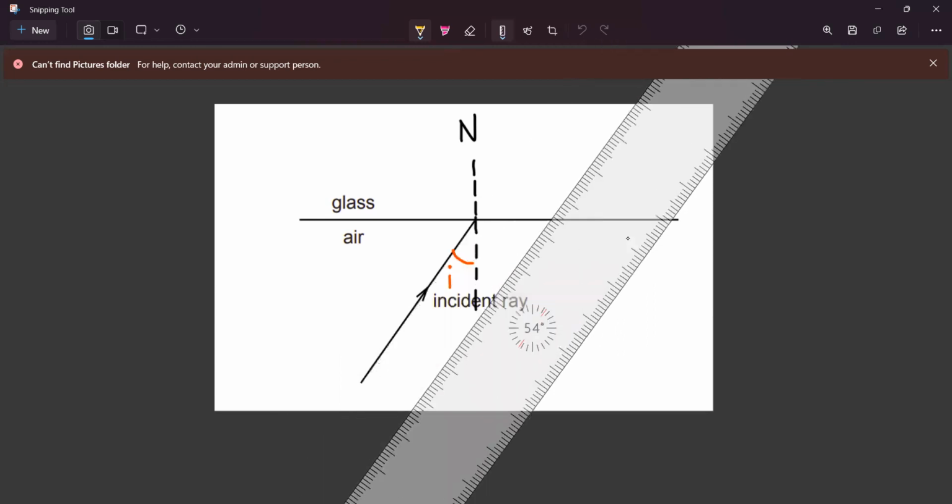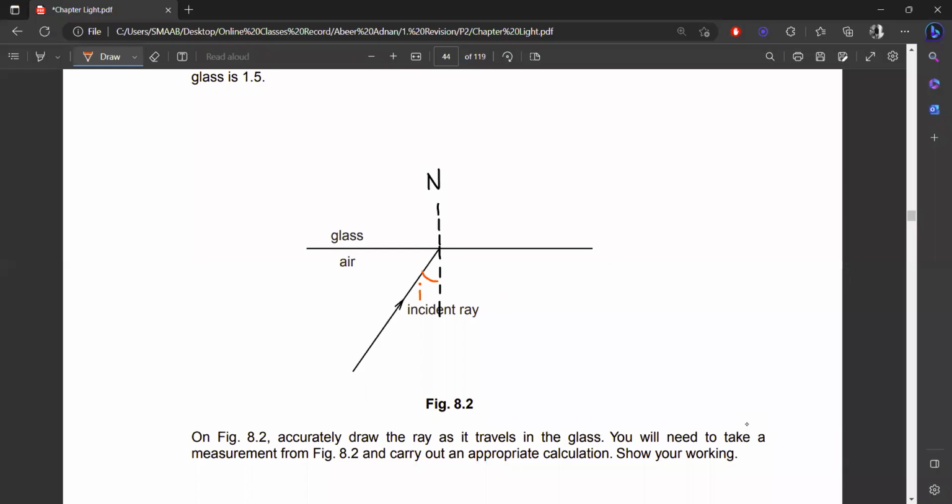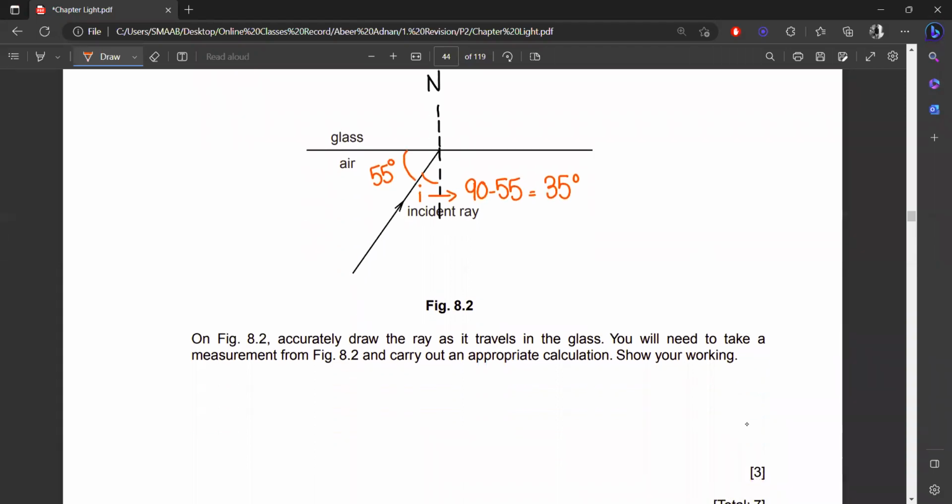So 55, again come to our original question. This angle will be equal to 55 from the surface. So angle of incidence will be 90 minus 55, that's 35 degrees, right? Yes. So the angle of incidence is 35.